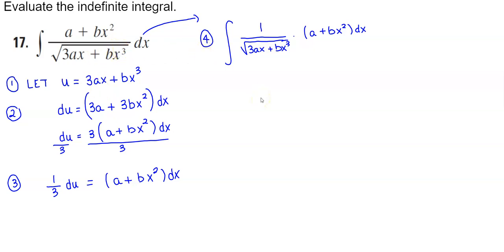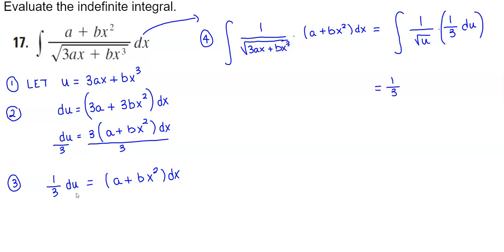So now let's do the substitution. So we have 1 over, well, we know that this becomes the square root of u, times what we get here, which is 1/3 du. So this is times 1/3 du.